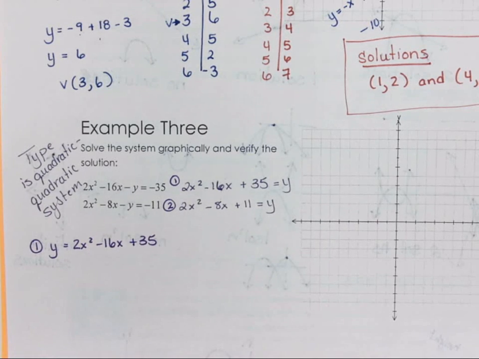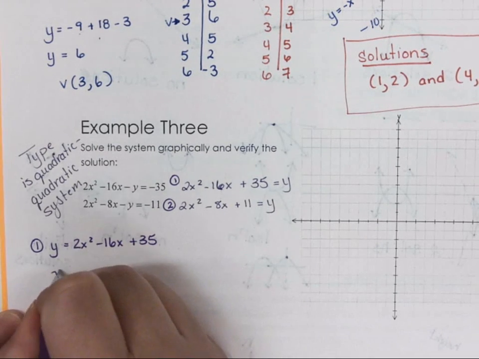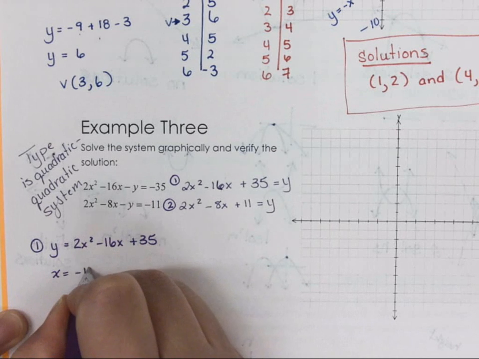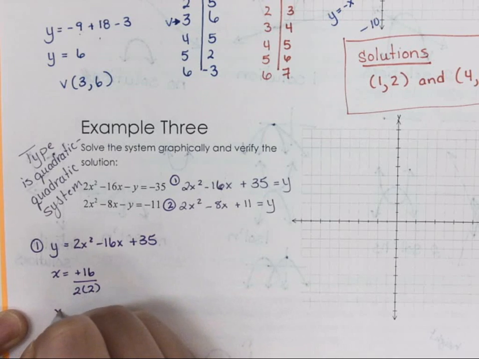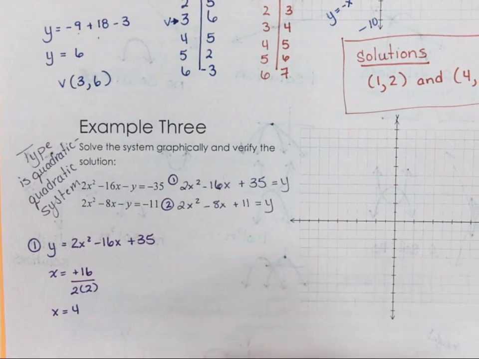Okay, I'm going to find the vertex. So x is equal to positive 16 over 2 times 2. So x is equal to 4.